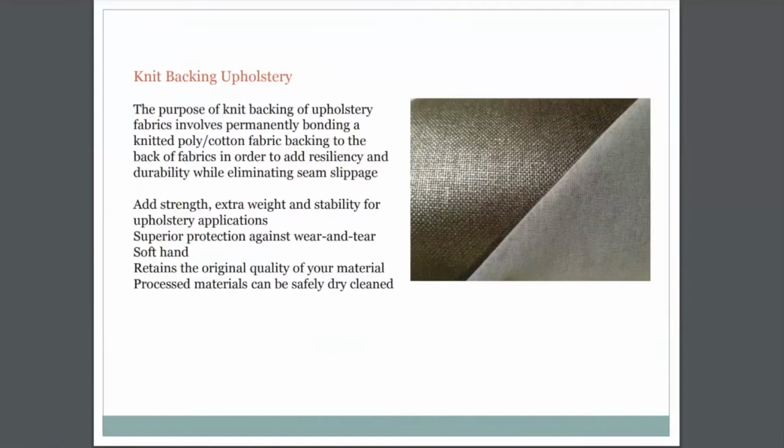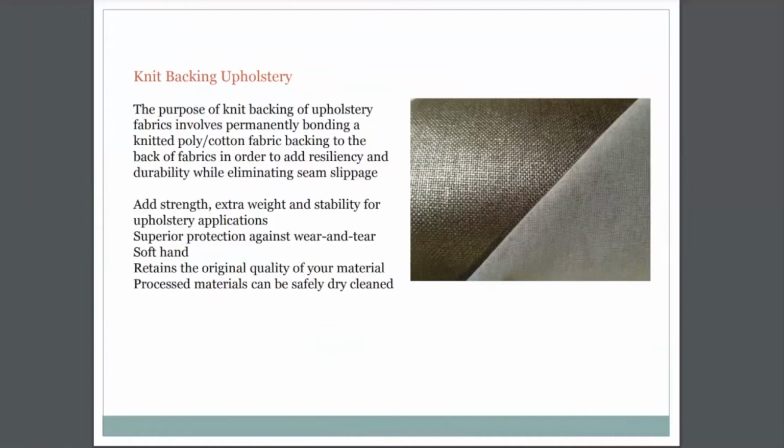Now, you haven't had that term yet, but seam slippage happens when two fabrics are joined together. You already know that fabrics are only 54 inches wide coming off the bolt on average, so they have to be seamed or sewn together.